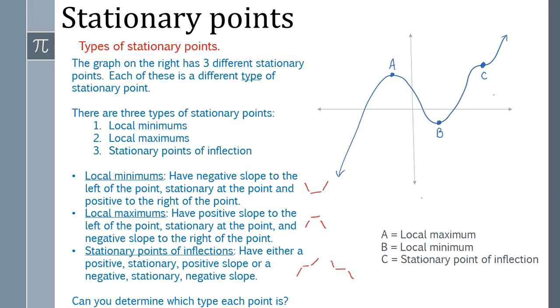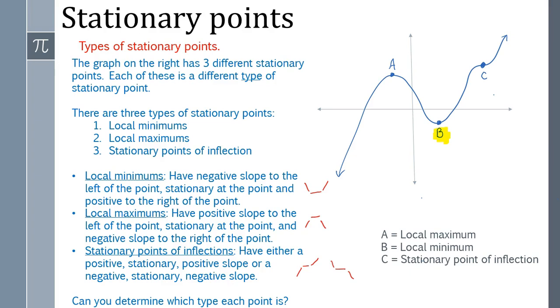Now, when I say type of the graph or type of the stationary point, there are 3 different types that we're going to be looking at in this course. So there is a local maximum, a local minimum, and a stationary point of inflection. We have seen all of these things before, remember. So local minimums go negative, in my little drawings here, negative, they turn, they go stationary, and then they go positive. So B would be a minimum, okay?